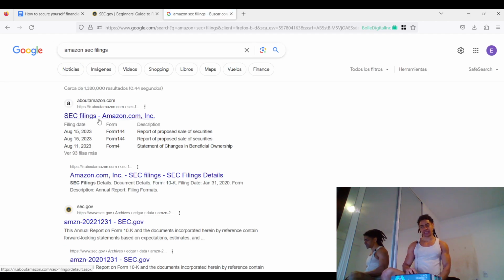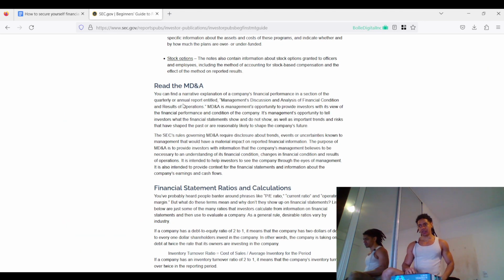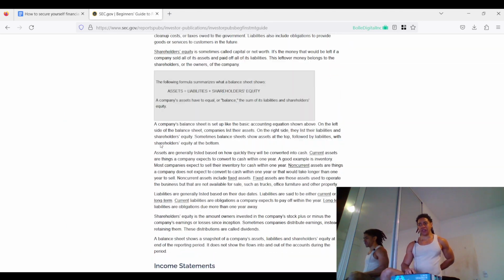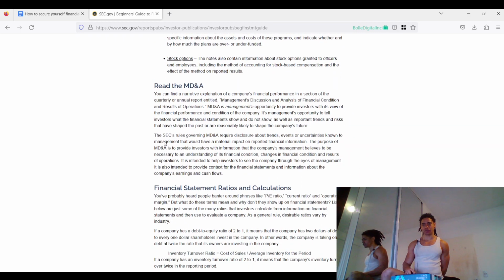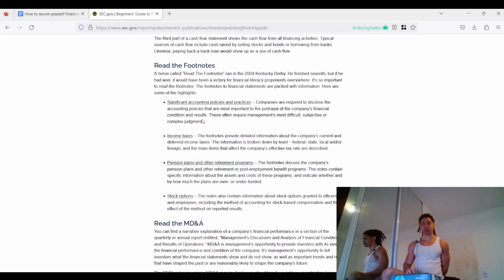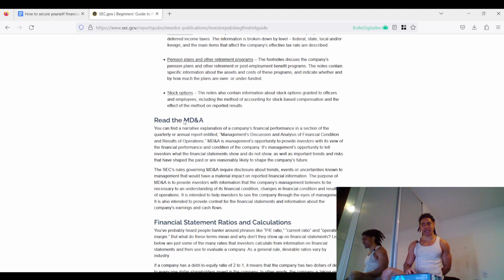SEC filings, Form 10Q, where this 10Q provides you all of this information, not only for the balance sheets, income statements, and cash flow, and also the footnotes, but it's packed with the MD&A.